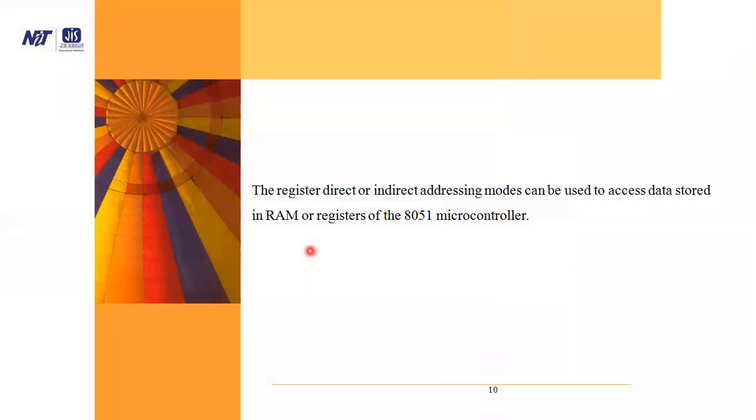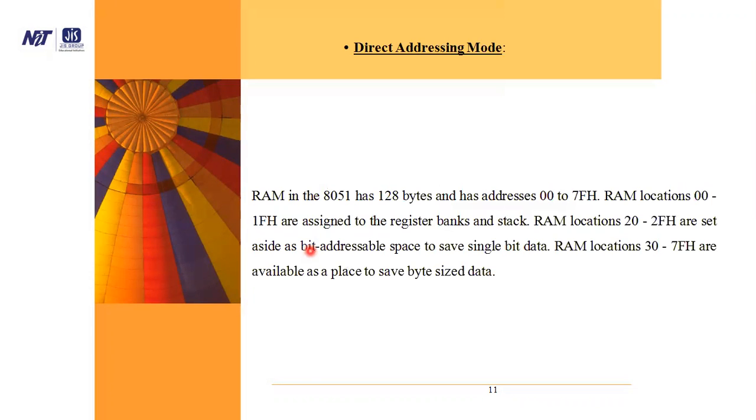The register direct or indirect addressing modes can be used to access data stored in RAM or registers of the 8051 microcontroller. RAM in the 8051 has 128 bytes and addresses 00 to 7FH. RAM locations 00 to 1FH are assigned to the register bank and stack.